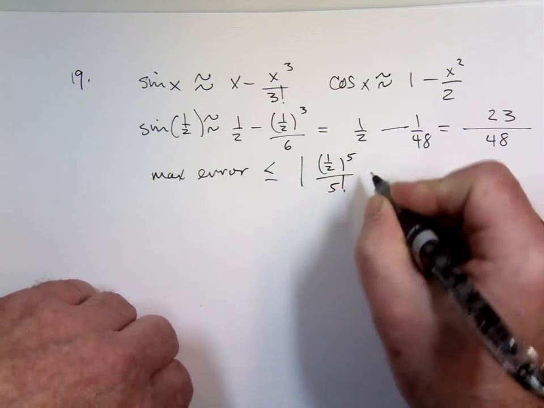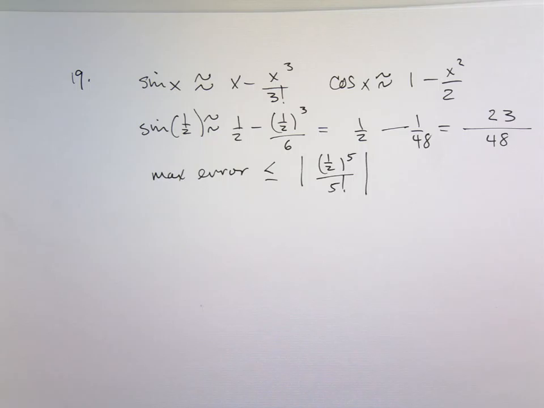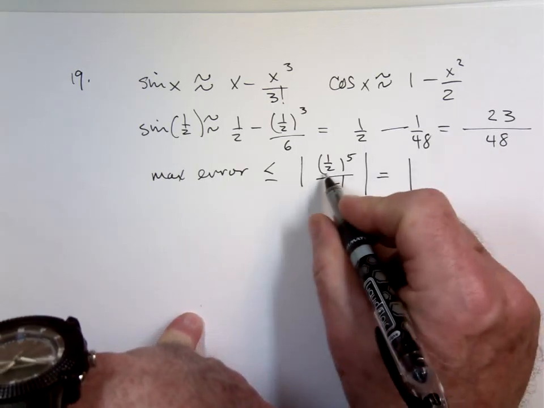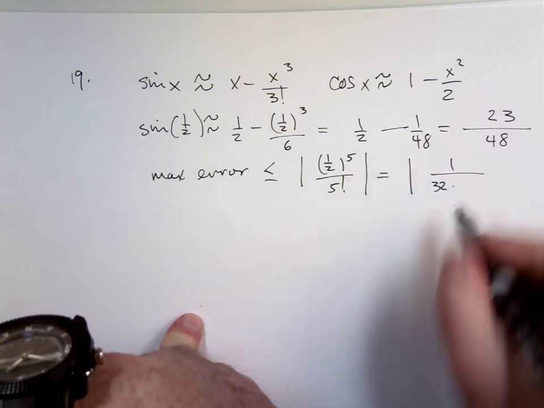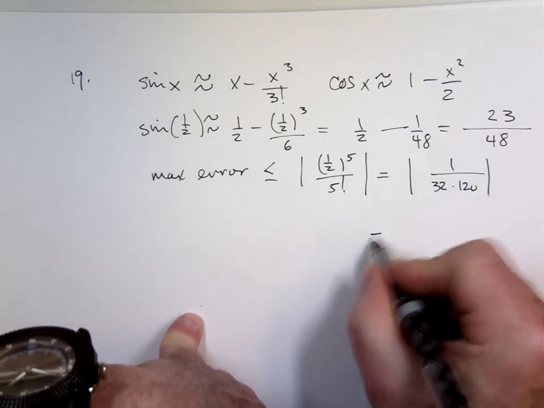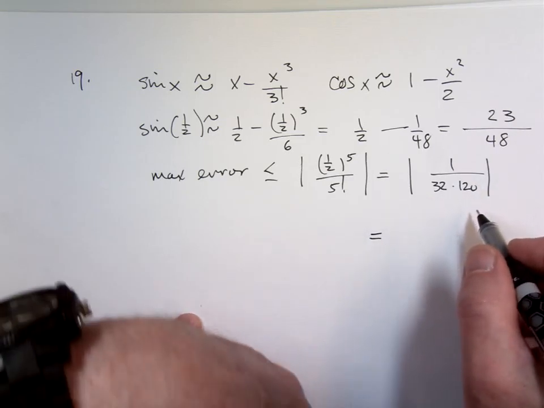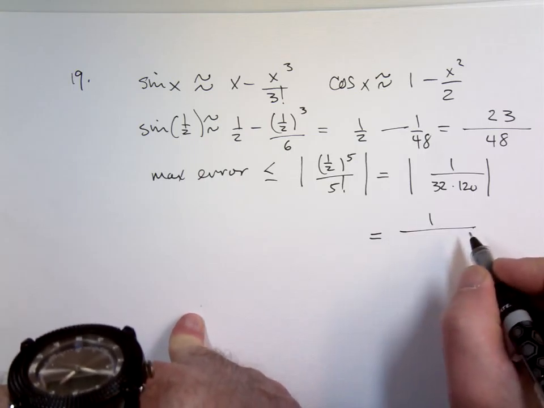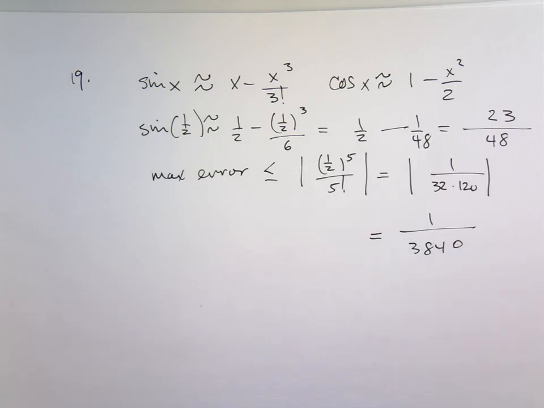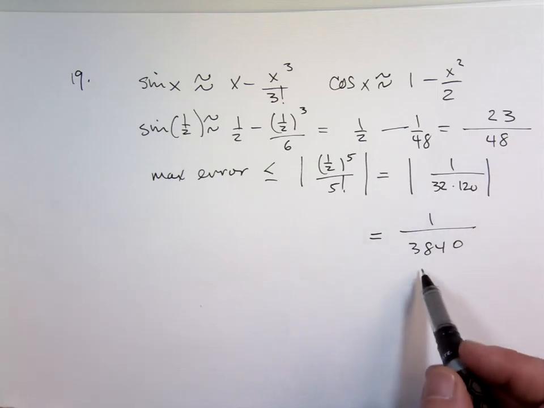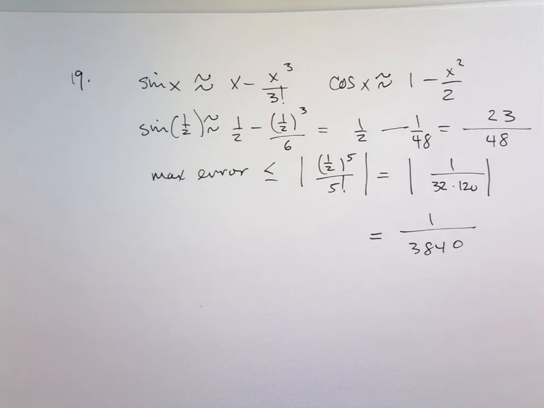So even this pretty basic approximation, two terms for Pete's sake, we got error less than 1 over 2 to the 5th, which is 1/32. 5 factorial is 120. 32 times 120 is 3840. In other words, our approximation is within 1 over 3,840 of the actual value of sine of 1/2 a radian.